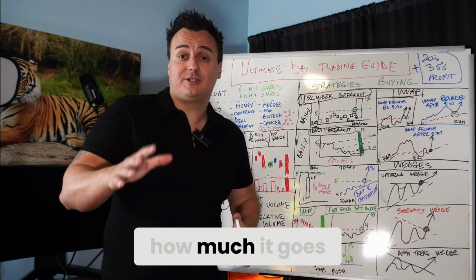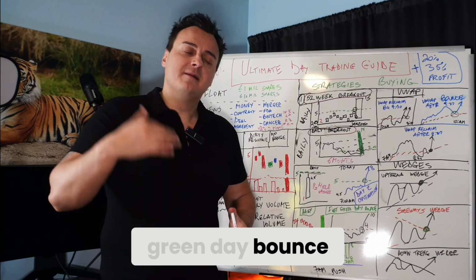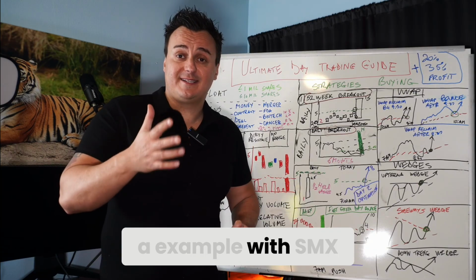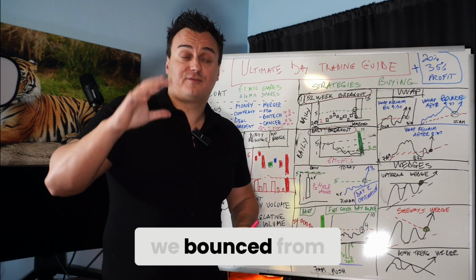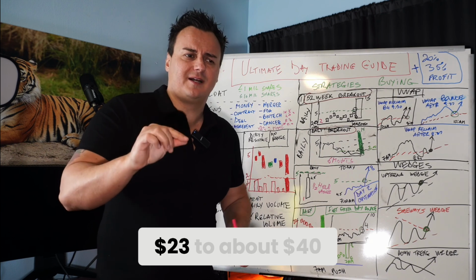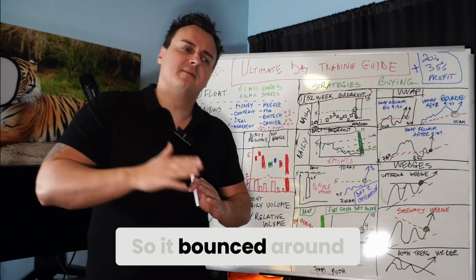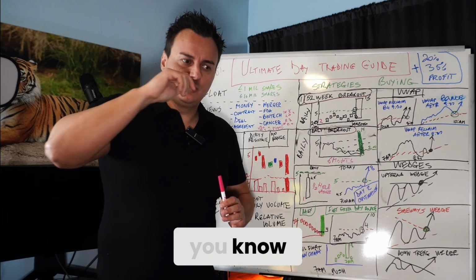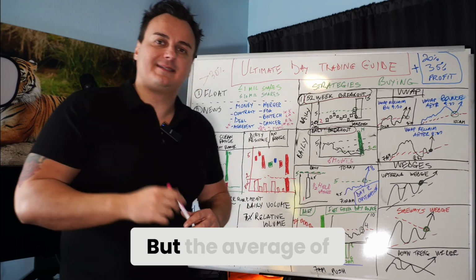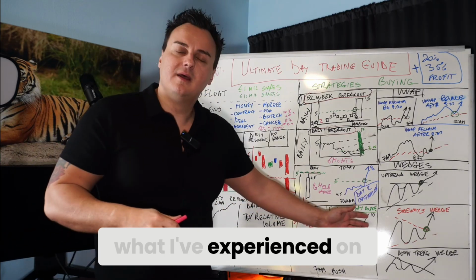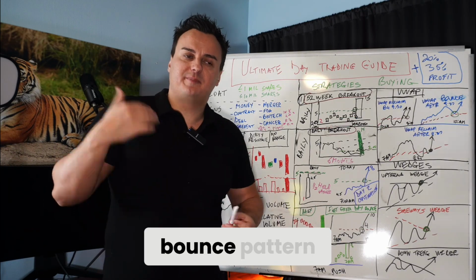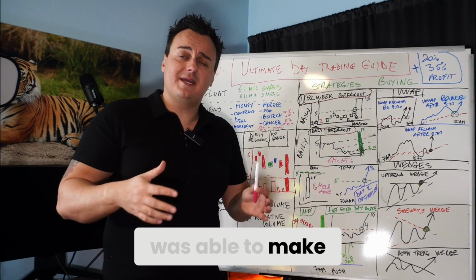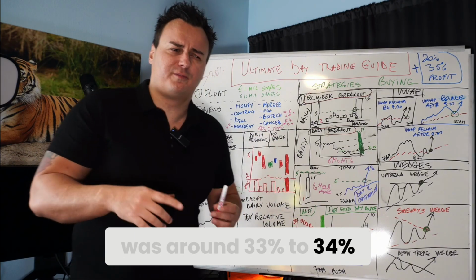If I tell you exactly how much it goes on the first green day bounce, we just had an example with SMX. SMX bounced from $20, $23 to about $40. So it bounced about 100%. But the average of what I've experienced on the first green day bounce pattern, the average that I was able to make was around 33 to 34%.